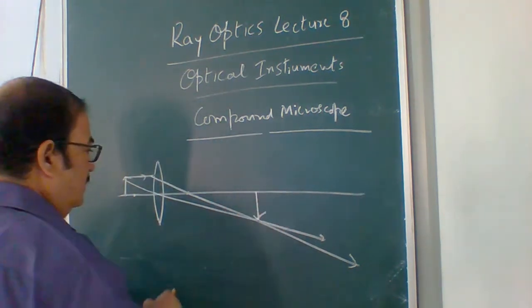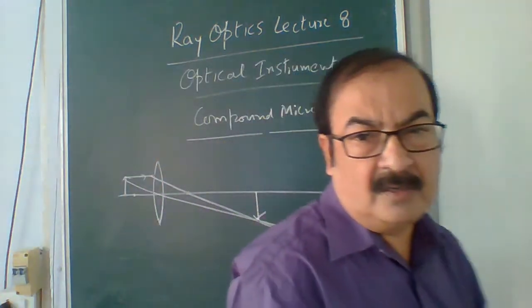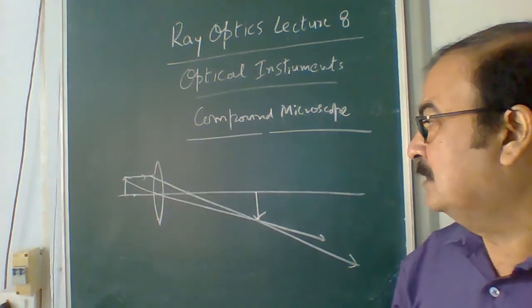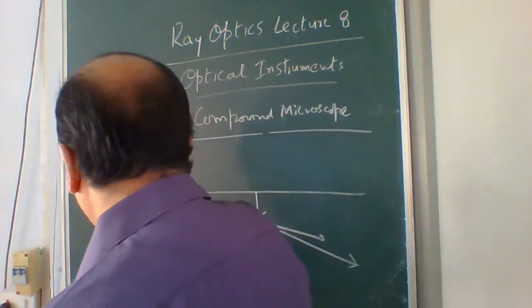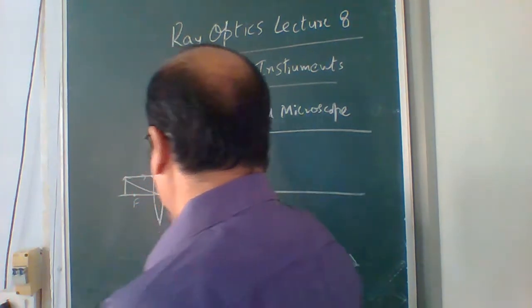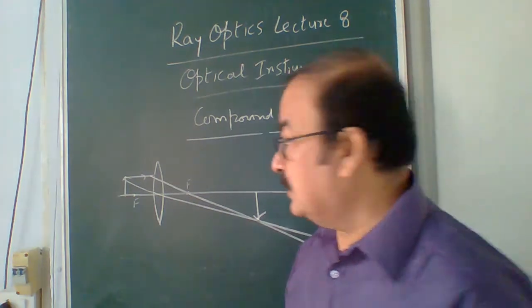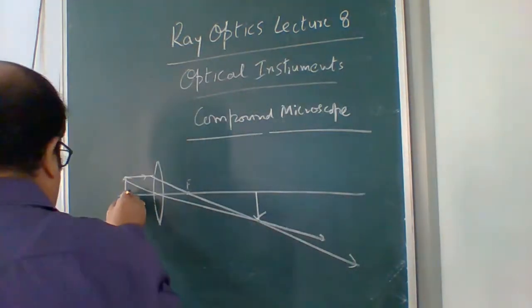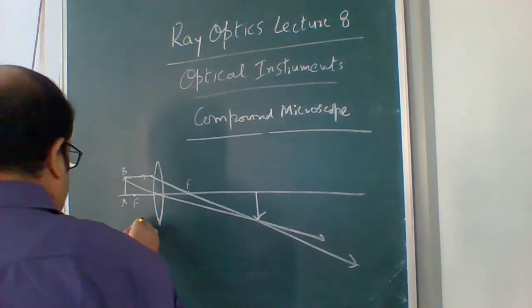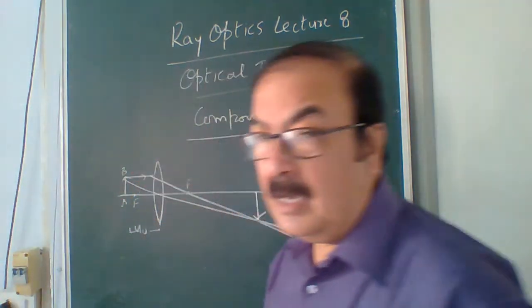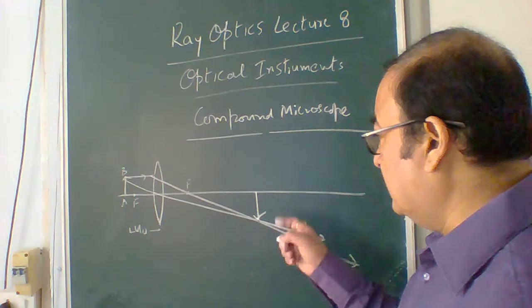Now you can see this is an ordinary convex lens or ordinary simple microscope, where we have a convex lens, and this is the focus of this lens, and object AB is placed at a distance u from it. Its real image A' B' is obtained.